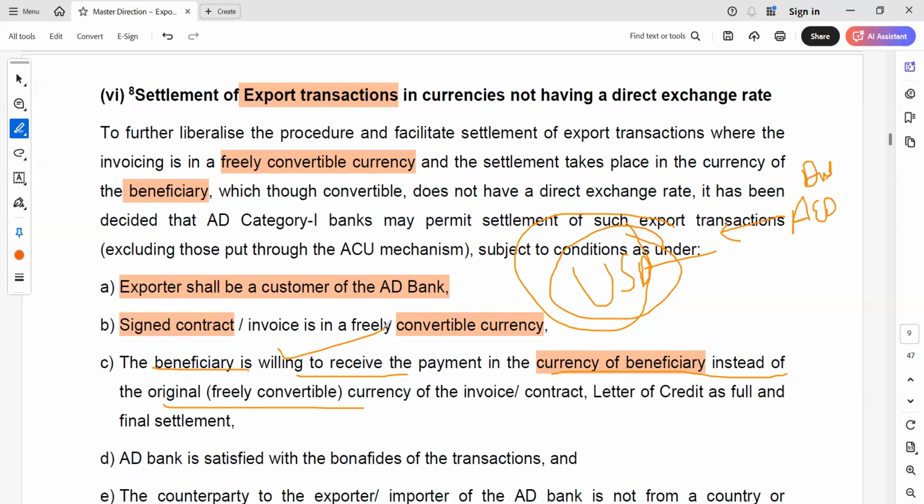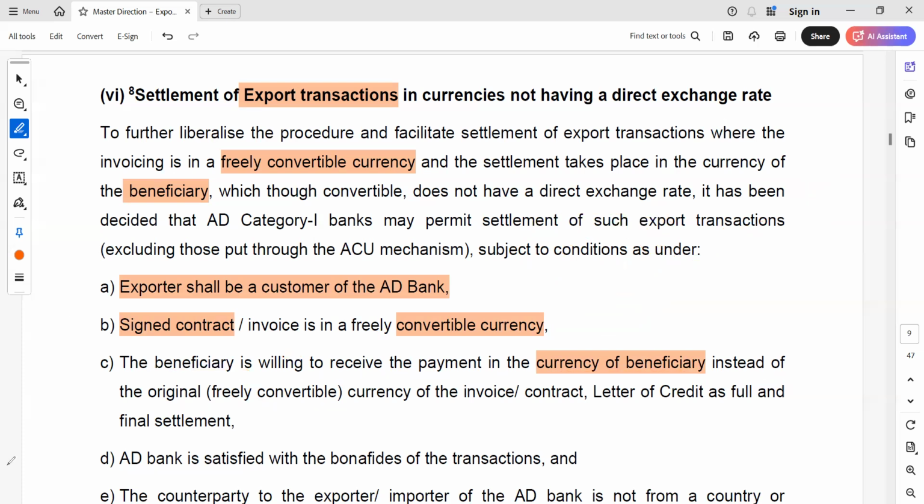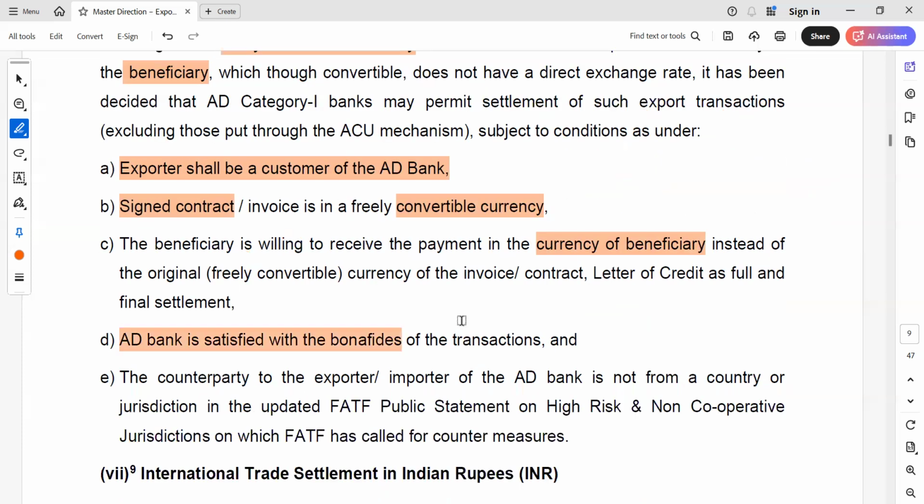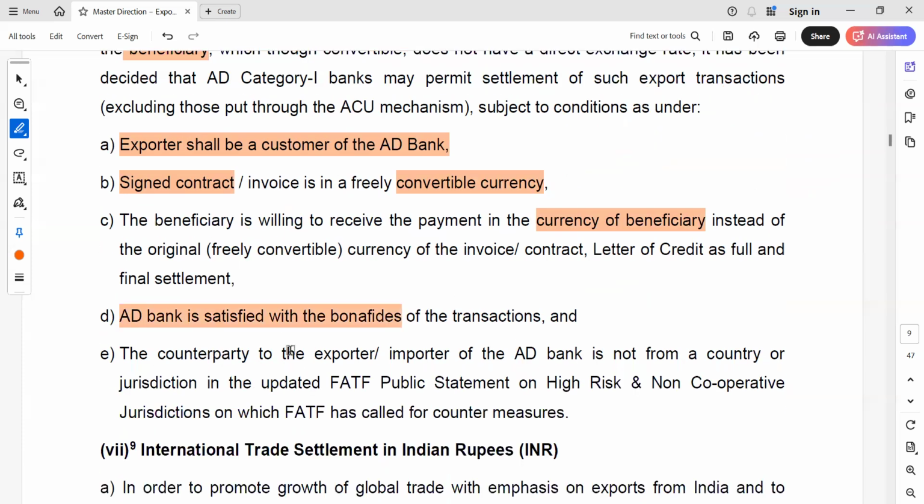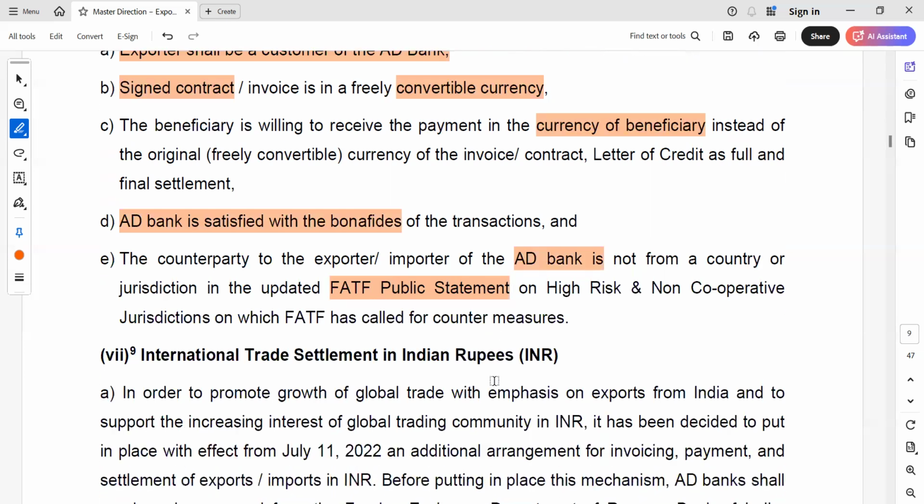Then it can be received. Okay, and the AD Bank should be satisfied with the bona fide. The counterparty to the exporter or importer of the AD Bank is not from a country or jurisdiction in the updated FATF public statement. Means it should not be in the restricted country list.